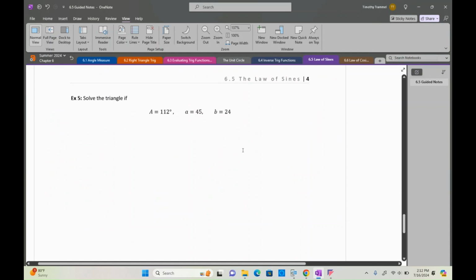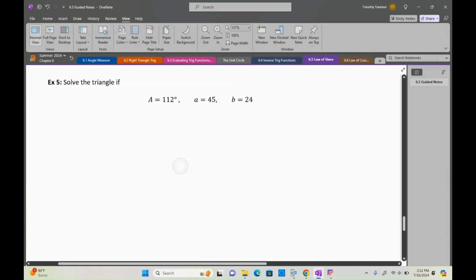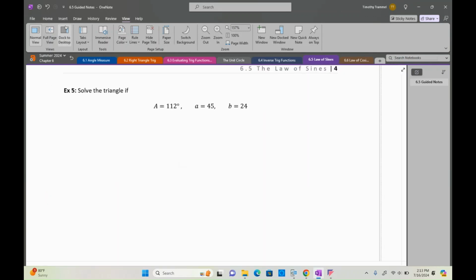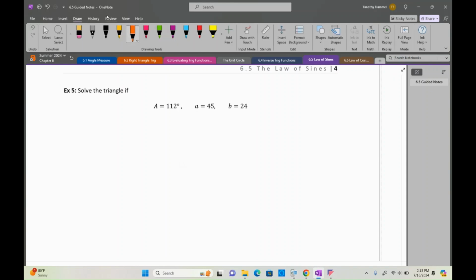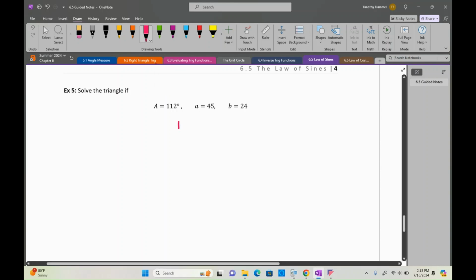Okay. So this time, again, it is going to be, or at least appear to be at first, ambiguous, but we'll see whether or not it truly is ambiguous. So I'm going to have us start off in really the exact same way. We're going to try to find that angle big B. So I'm going to write on top here sine of big B is equal to sine of big A, which I'm going to write in as 112.